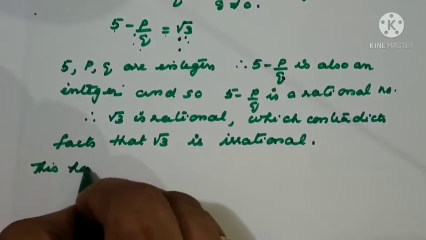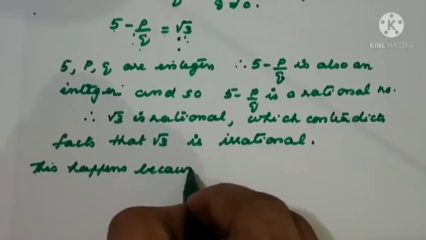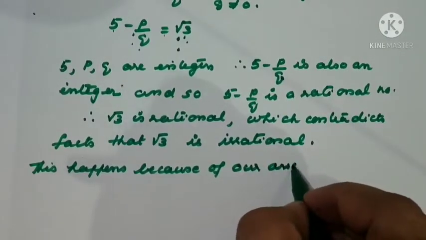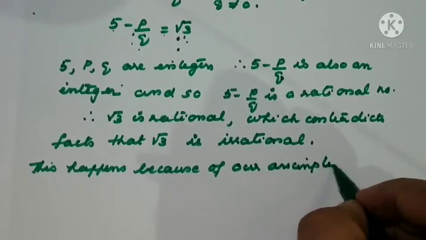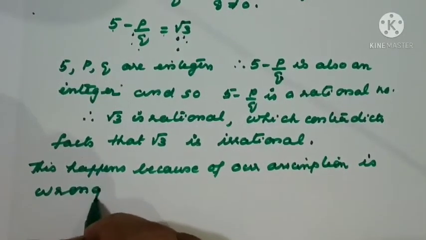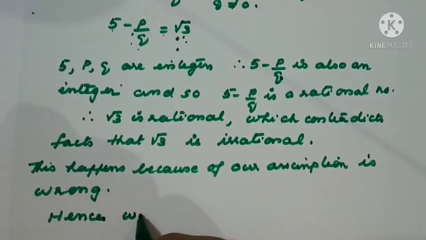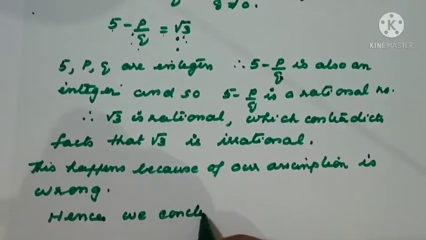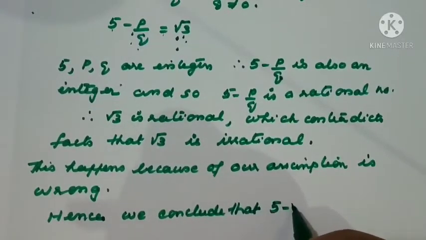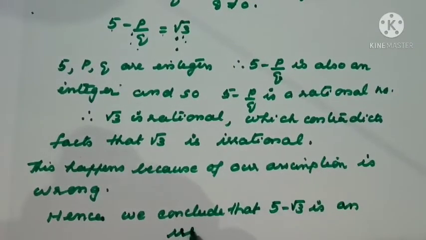This happens because of our wrong assumption. Hence, we conclude that 5 minus root 3 is an irrational number.